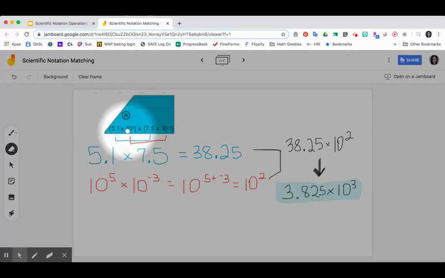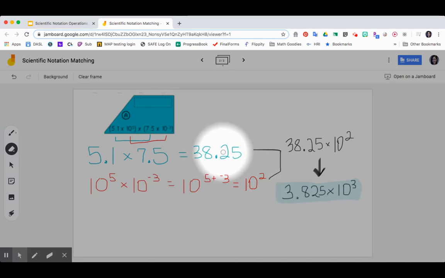Then I'm going to take times 10 to the 5th and times 10 to the negative 3, and I'm going to multiply those. And this is something you will see later too when we work more with exponents. But when you multiply 10 to the 5th times 10 to the negative 3, you just add the powers. So it's 10 to the 5 plus negative 3, and 5 plus negative 3 is like 5 minus 3. So that's 10 to the 2nd power.